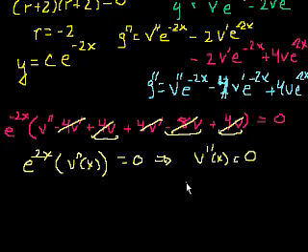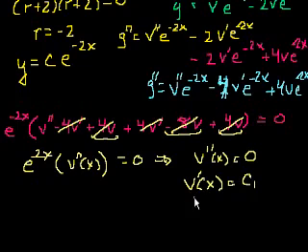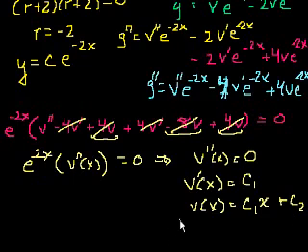You do it once, you get v prime of x is equal to, let's call it c1. And if we were to take the antiderivative of both sides again, we get v of x is equal to c1x plus some other c2, right?